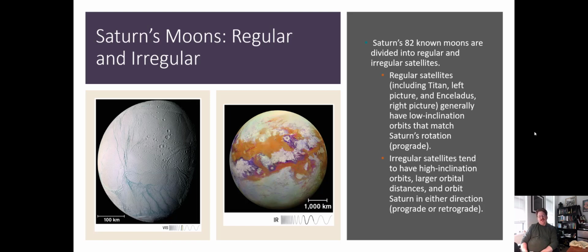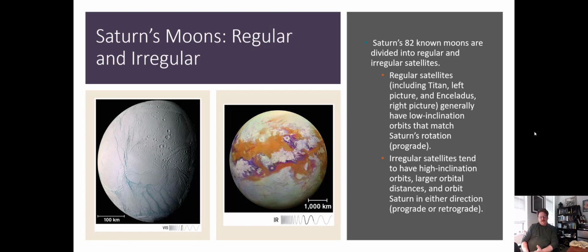The irregular satellites are those that rotate and revolve in a retrograde manner. They also tend to be higher in orbital eccentricity, their inclinations are also higher, and they are definitely at the edges of Saturn.